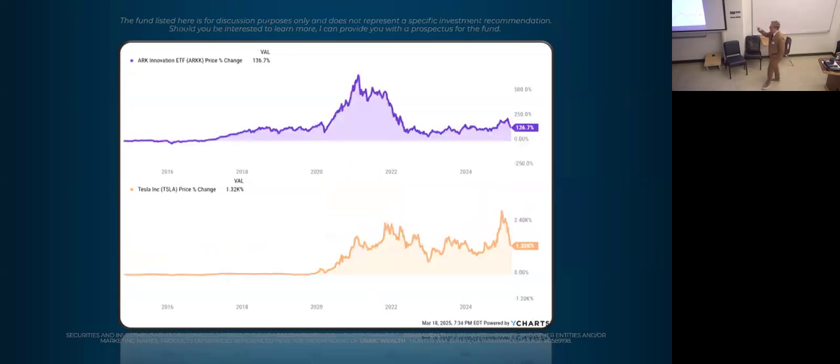So here we can see another chart. Up at the top, here's that ARC Innovation ETF again. And then down here at the bottom, this is Tesla's price chart, or return chart rather. So you can see a striking similarity around this area where the upward move on the purple line looks shockingly similar to the upward move on the orange line.